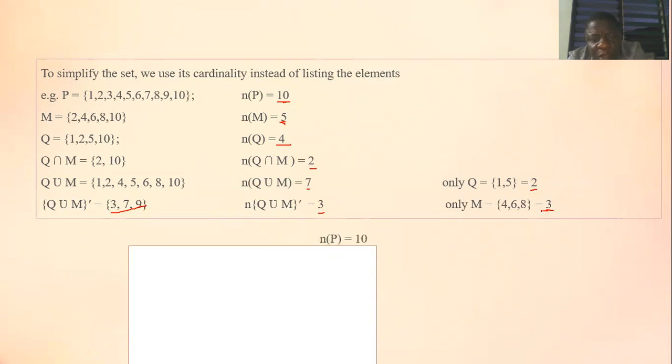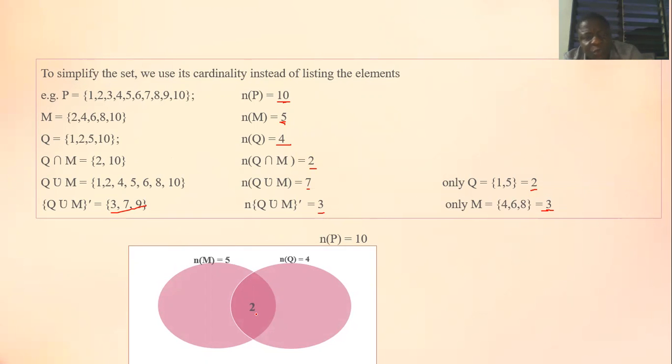So P, instead of us listing all the members in them, you say P will contain 10 elements. Then M will contain 5 elements in all, 4 elements in all for Q. The intersection we saw to be 2 and 10, meaning 2 elements there, and that is the 2 that we've written there. The number of elements remaining in only Q is 1 and 5.